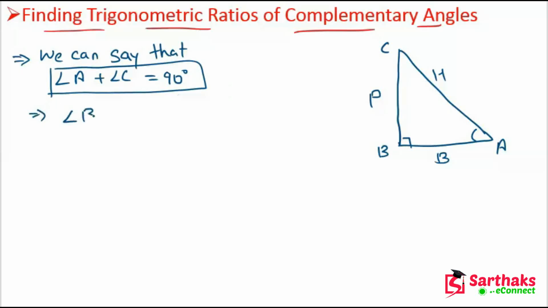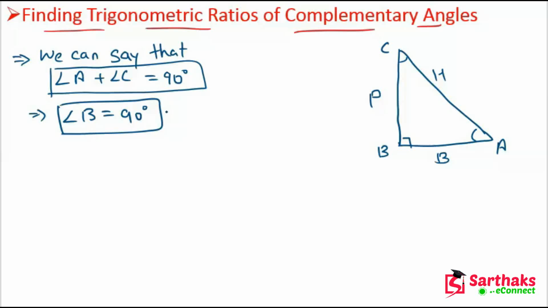And angle B is equal to 90 degrees because it is a right angle. So the sum of angle A and angle C must be 90 degrees. The relationship between the acute angle and the length of the sides of a right triangle is expressed by trigonometric ratios, as we know.